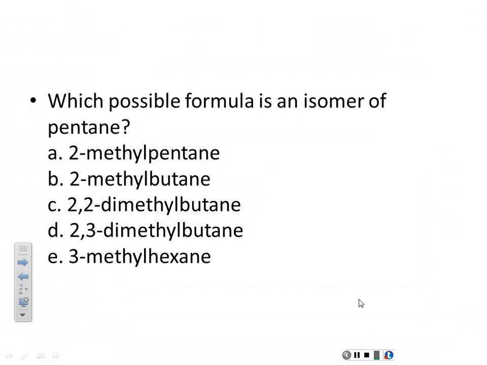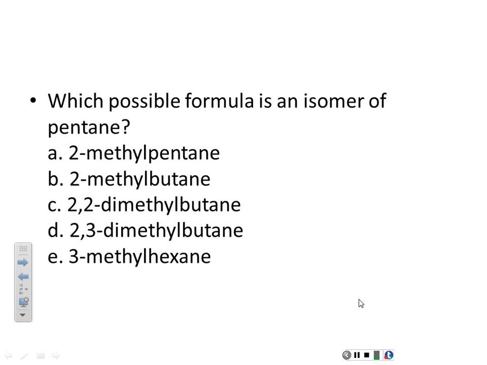So let's make it 2 methyl pentane. These are all alkanes. All are alkanes. 2 methyl pentane, carbons 3, 4, 5.